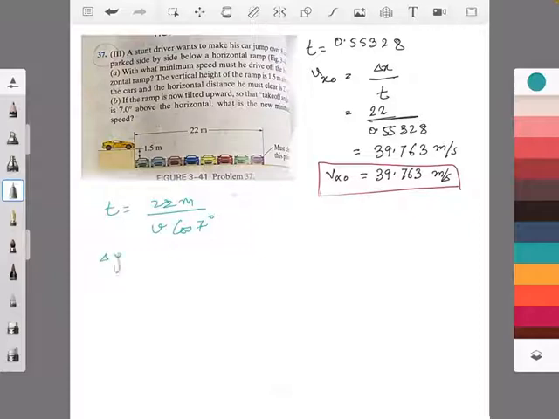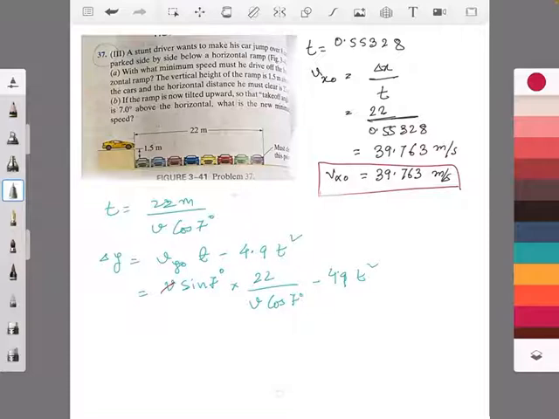Now delta y is Vy0 times t minus 4.9 t squared, which is V sin 7 degrees times t, which is 22 divided by V cos 7 degrees, minus 4.9 t squared.